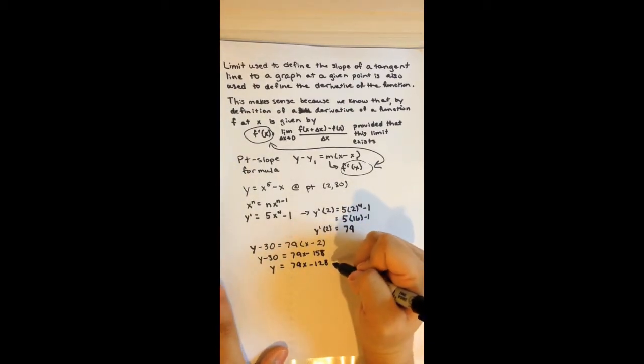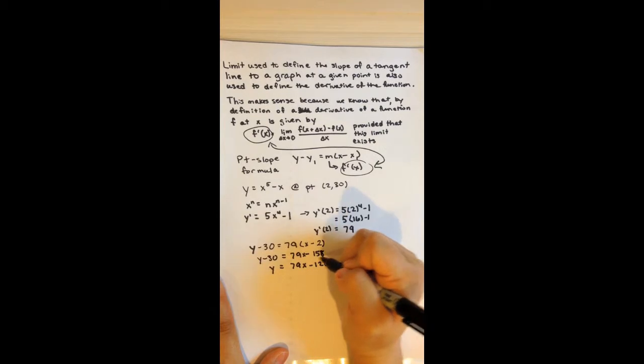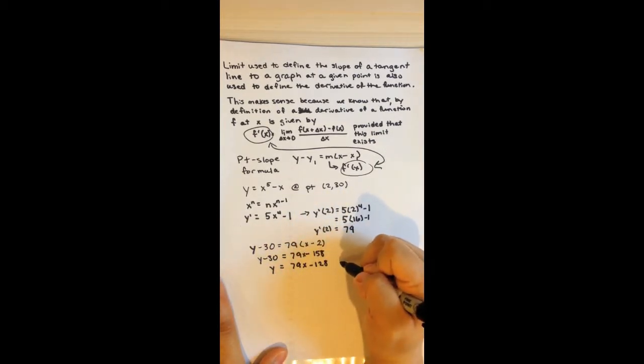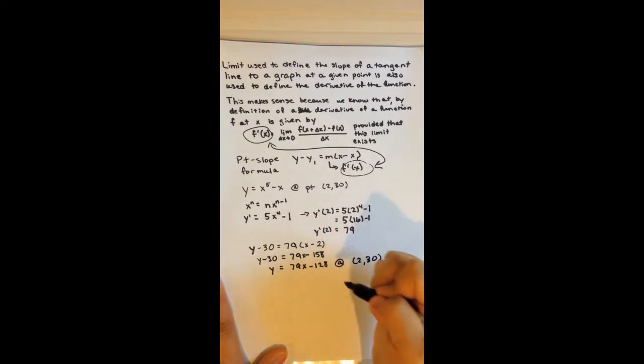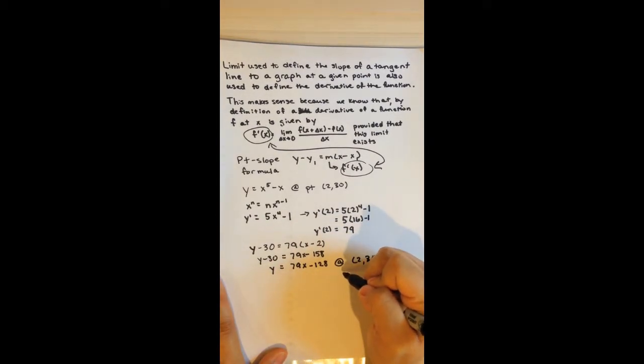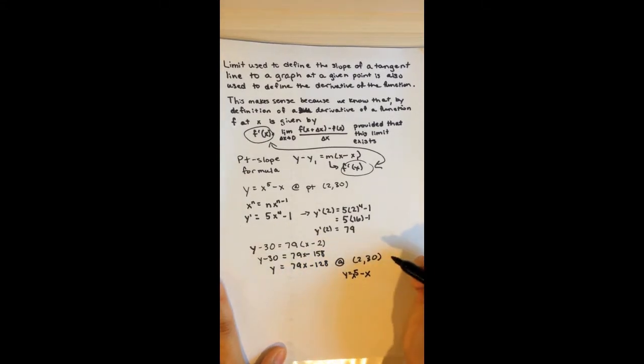And now this is going to be your equation of the tangent line at the point (2, 30) of the curve x to the fifth minus x.